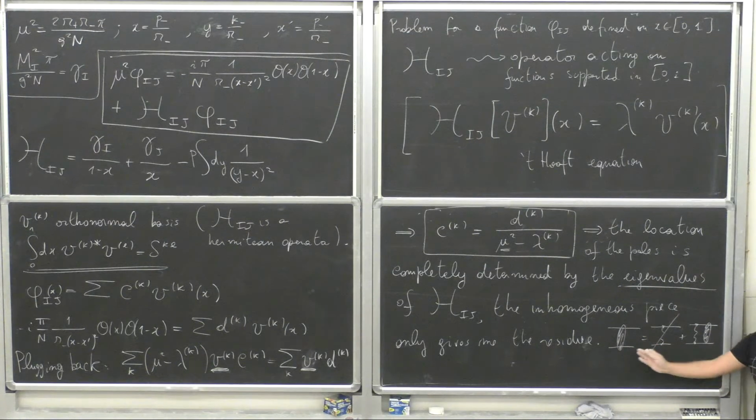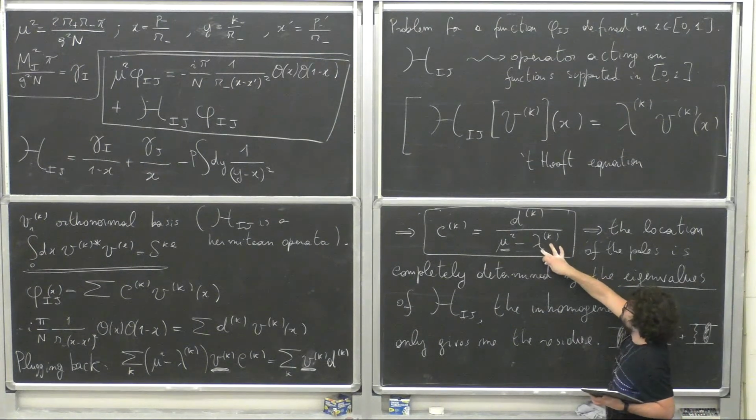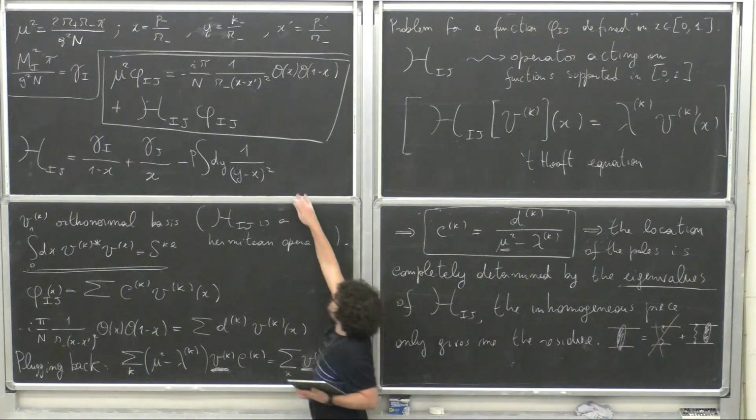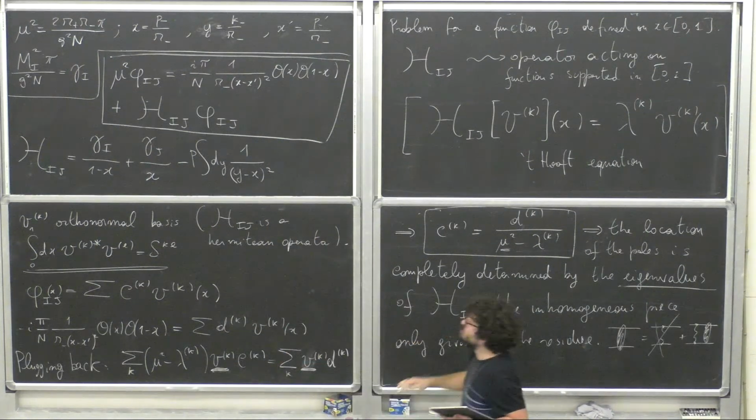This is now the eigenvalue equation for my sausage, and the inhomogeneous piece is not so important. Okay, so now the magic is all in these eigenvalues lambda. If I find the eigenvalues lambda, I have found the masses of the mesons. So that's really an interesting operator to study. And if you find a way to solve the eigenvalue equation for that operator exactly, it's nice.